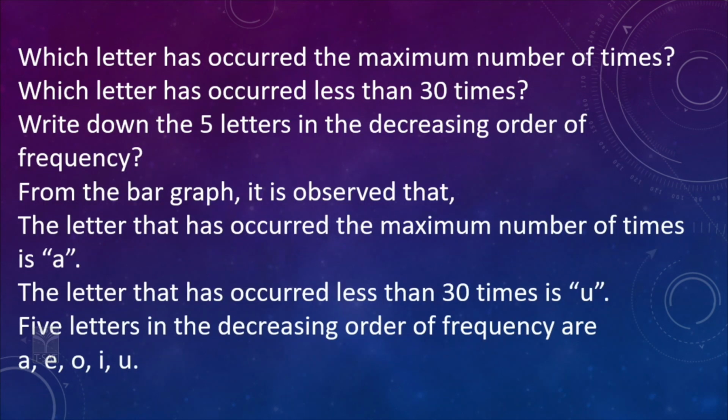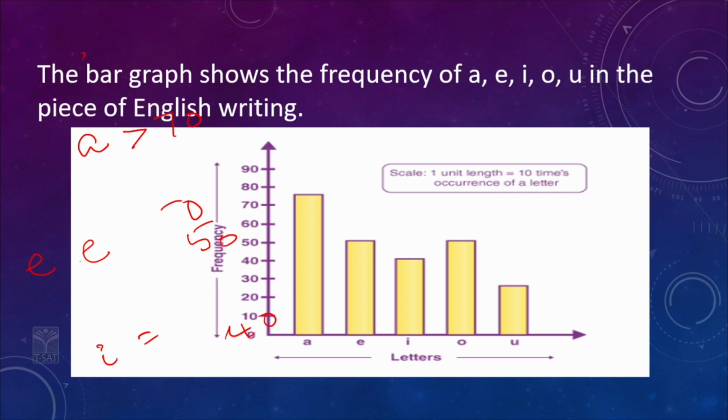Next, the 5 letters in the decreasing order of frequency. Okay, now we'll see. The first one we will consider as A, correct? And the next one is E. Next comes O. Next comes I. And the next comes U, correct?